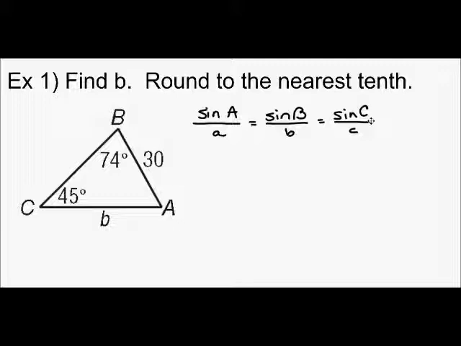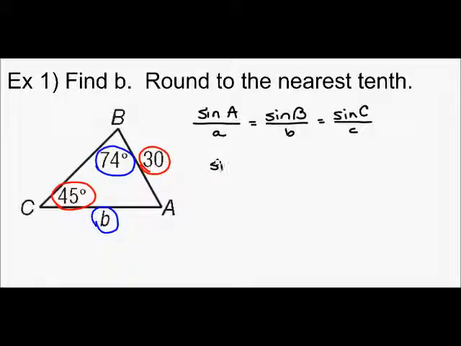But to solve a proportion, you know that you usually only have 2. So even though we have A, B, and C here, at any given time, you're only going to choose 2 of them to use. And even if this is not labeled A, B, C, you can still set up a proportion. So I have an angle and the side opposite it, and another angle and the side opposite of it. That's what I'm looking for.